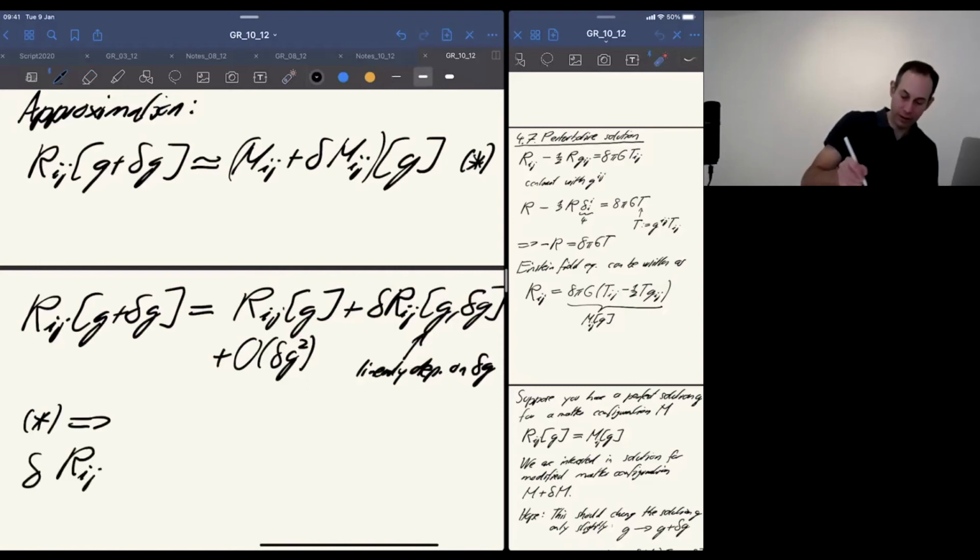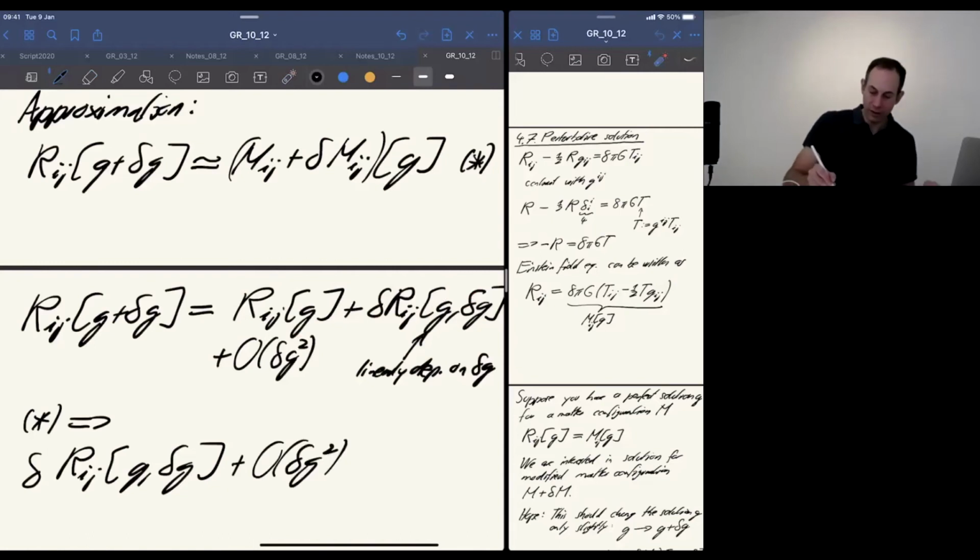So I will get rid of the term Rij that I had before. I only look at the variation on the left-hand side, and maybe there are still these quadratic terms somewhere. And on the right-hand side, I only write down the variation of Mij of G.